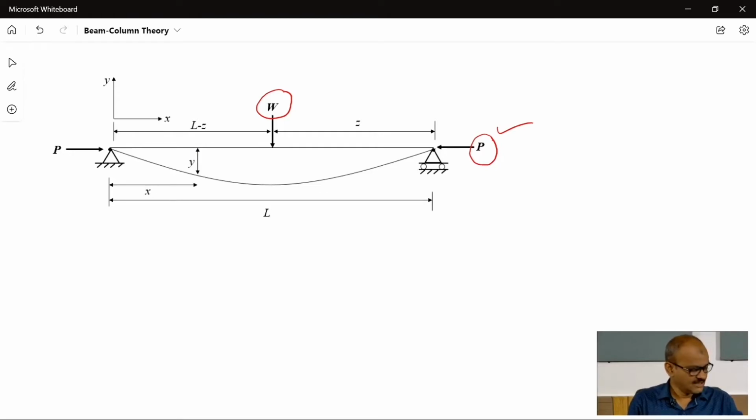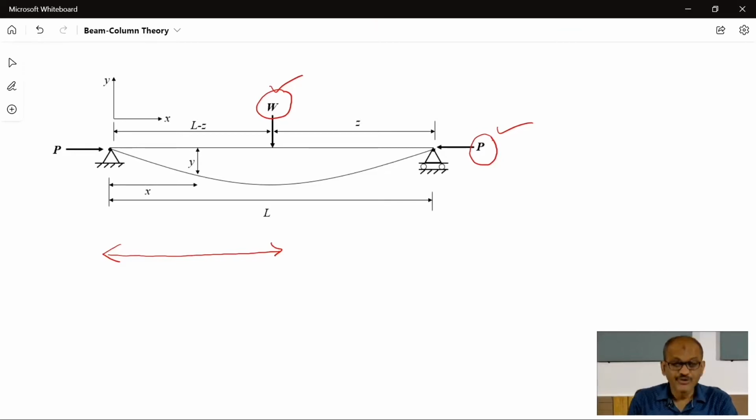Now, in this case the equilibrium equation will be one expression for the left part of this load, from this to this part, and for the right part of the load the equation of the elastic curve will be different.